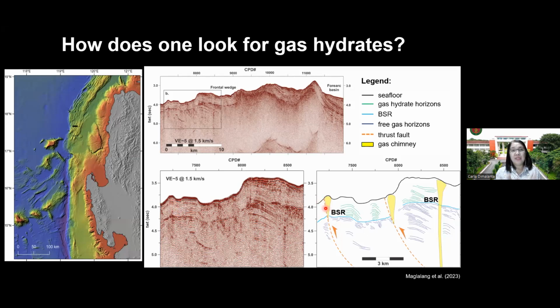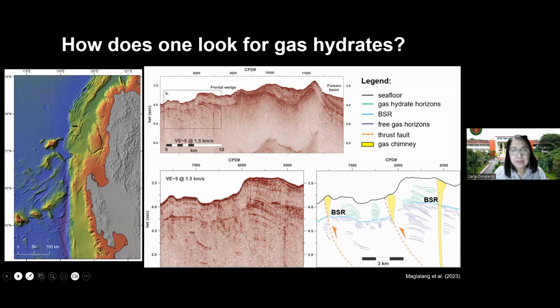So ibig sabihin doon umaakyat yung gas and they are able to reach the seafloor when they are expelled through the gas chimneys. This is one section that we examined, identified and interpreted, where we were able to delineate the BSR.